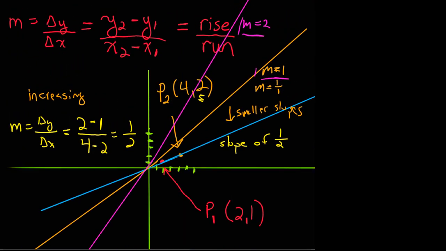So here, all of these slopes were positive. All of these lines are increasing. This slope was 1. This slope was 1/2. This slope was 2. So positive slopes increase. They start low in y, and as my x value increases, y goes up.